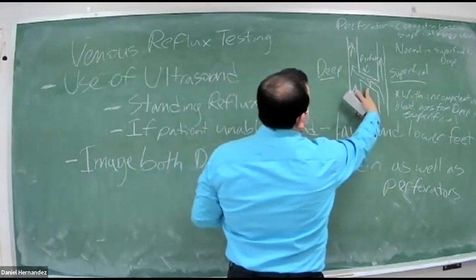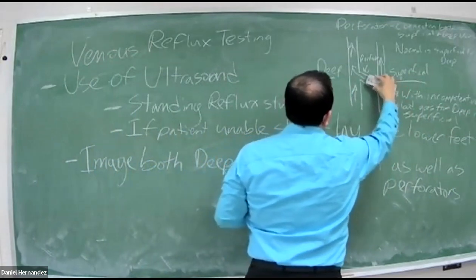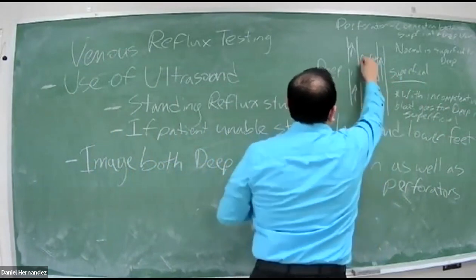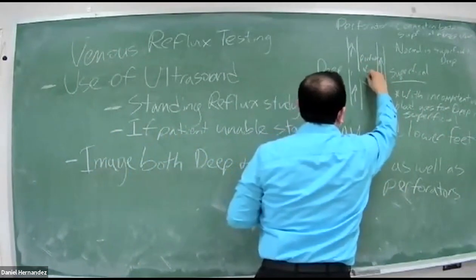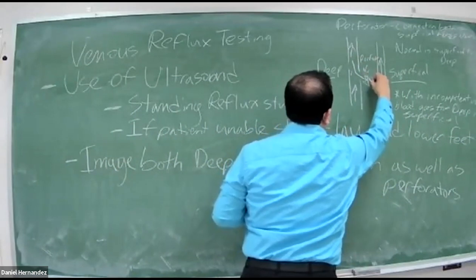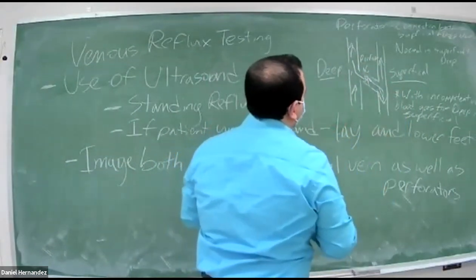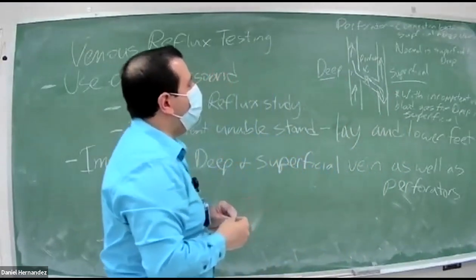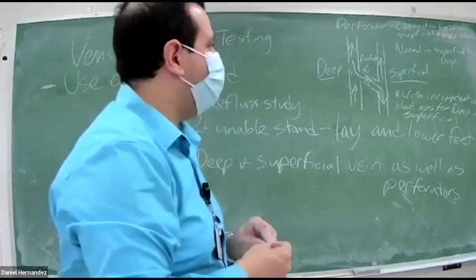So if we have incompetent perforator veins or valves in the perforator veins, so instead of that normal blood flow, if that valve is now incompetent, blood flow is going to come through the deep veins, through that valve, back into the superficial system. So incompetent perforator veins will lead to varicose veins and varicosities.